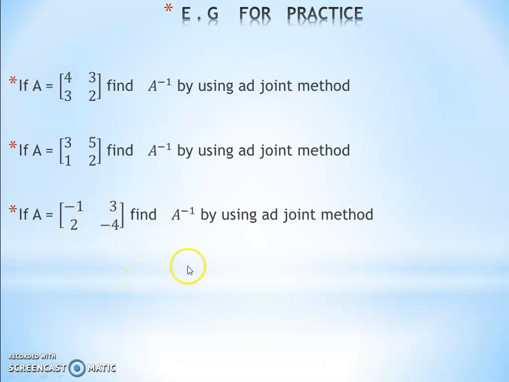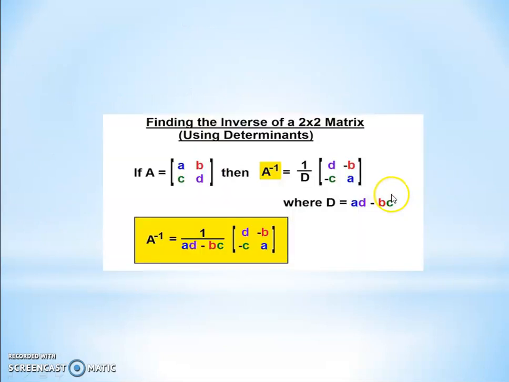So using the adjoint method, we have to solve many patterns of examples using our very important formula. You must revise it: A, B, C, D. Then A inverse is equal to 1 upon D, times D, minus B, minus C, A. How to define D?